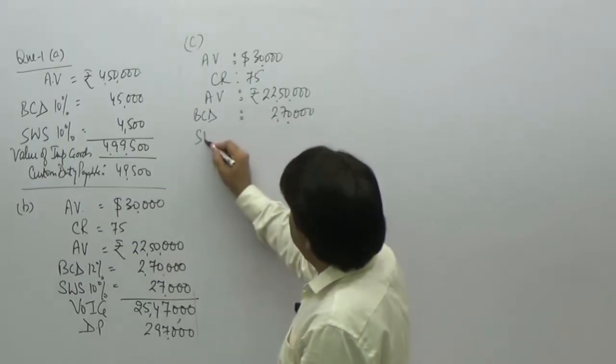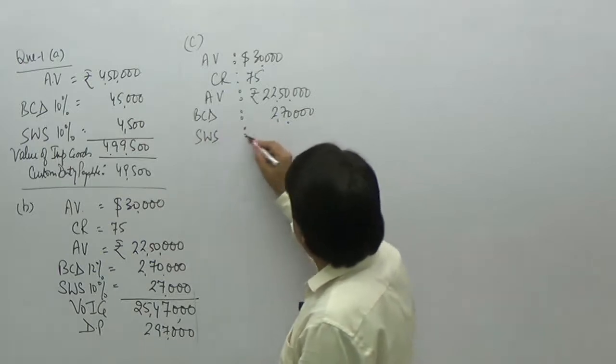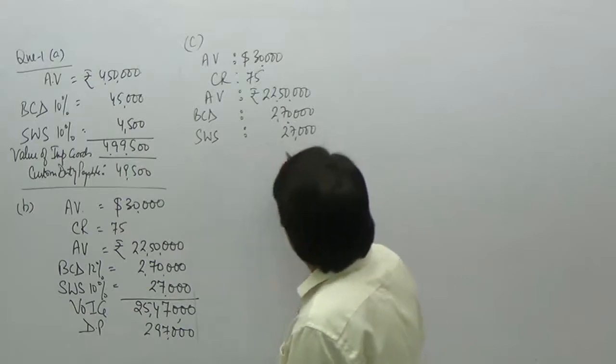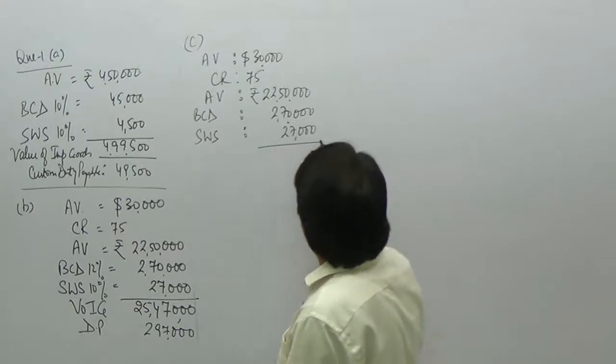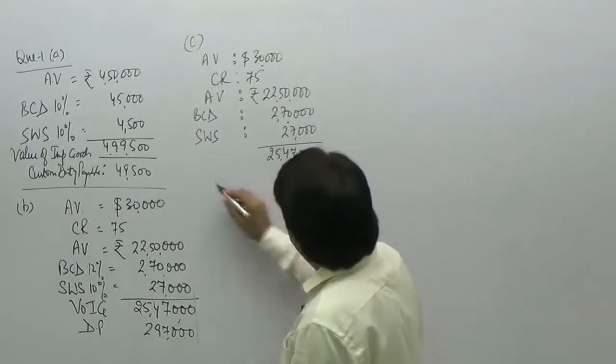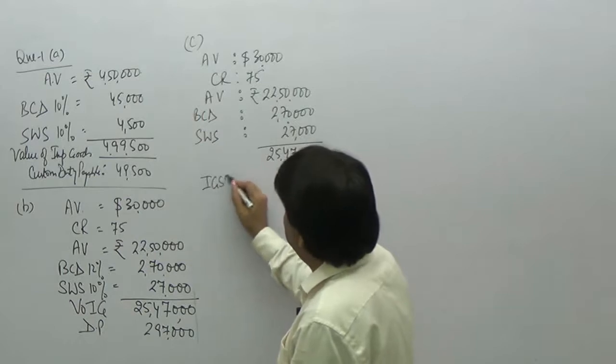Okay. SWS at 10%, it would be 27,000. And then make a total of this. The total is 2547. Okay. Now apply IGST.